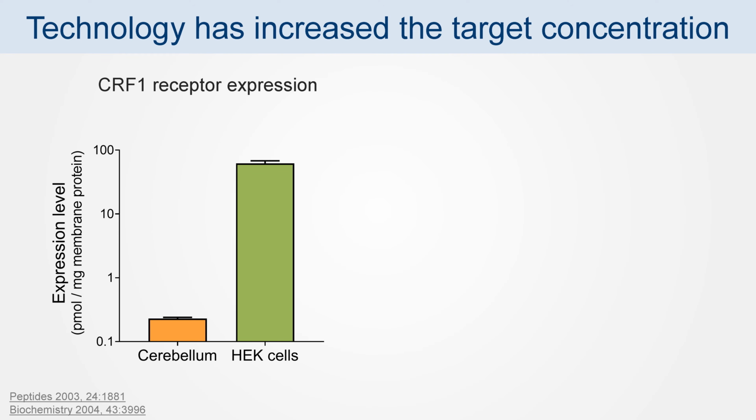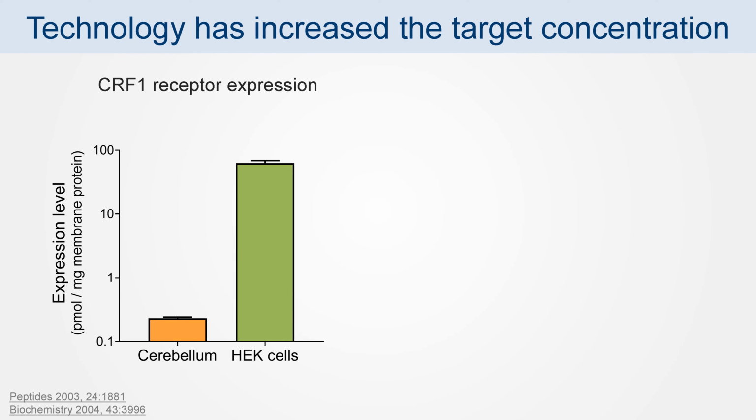The target density problem has happened in part by accident due to advances in technology that have dramatically increased the target concentration in our assays. First, we have increased the target density in the biological material we use. Instead of the target being sparsely distributed in a tissue, now the target is densely packed in engineered cell systems and purified preparations.